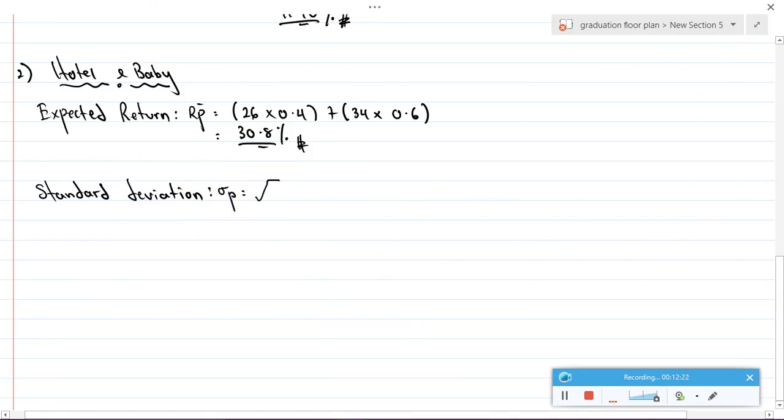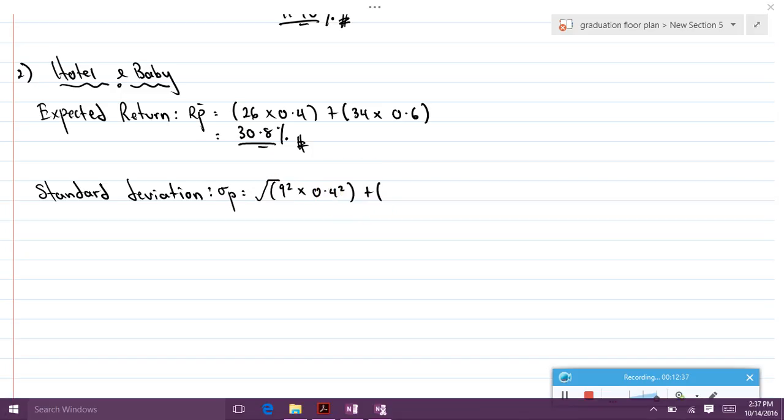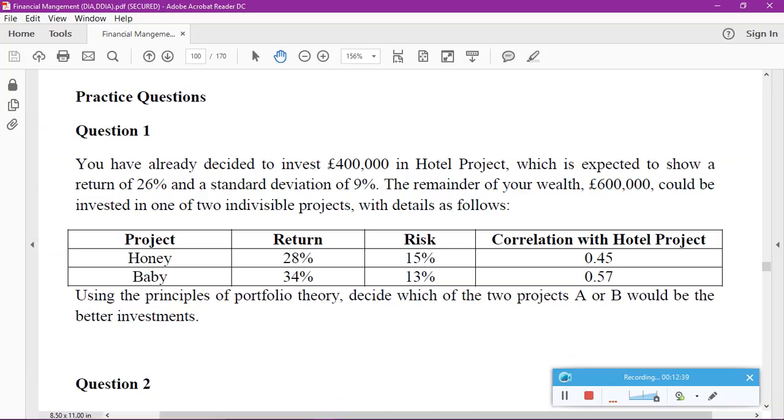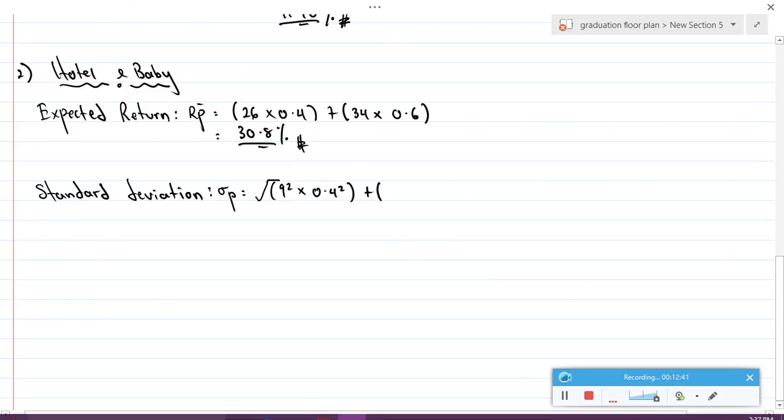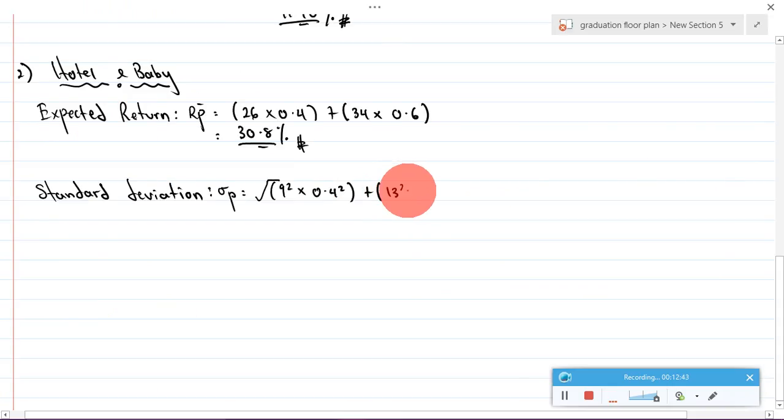So 13 squared times 0.6 squared plus 2 times 0.4 times 0.6 times the PAB. How much is PAB? 0.57 times 9 times 13. And how much you get?